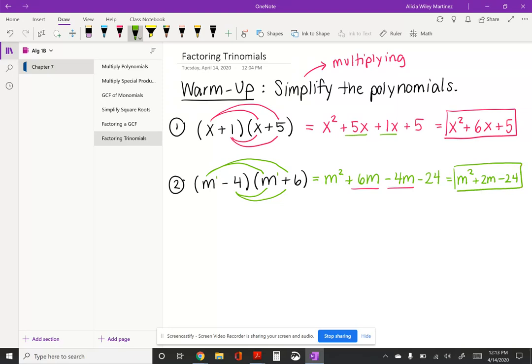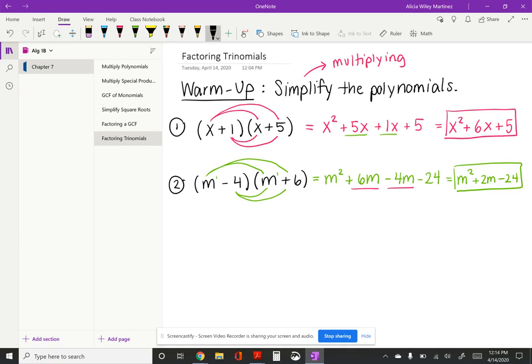Okay. The result of both of these answers is a special type of trinomial. And since the highest exponent is a 2, it's called a quadratic trinomial. So these trinomials that we're going to be factoring today, that you can see in the title, are what we call quadratics.